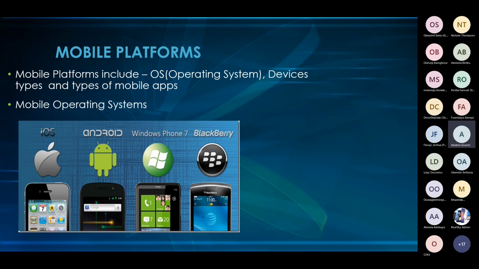Nokia phones were being used by most of us, but because Nokia phones are just fighting for existence, they are not really popular again, and so many people are not using them anymore. So as a tester, if you were asked to do mobile testing, would you rather go and be testing the Symbian operating system?